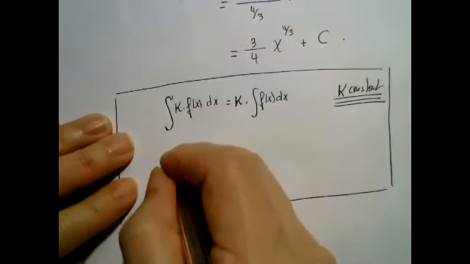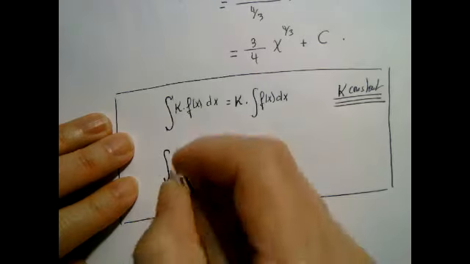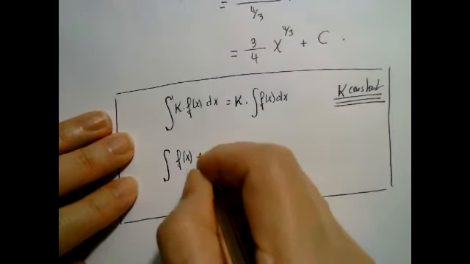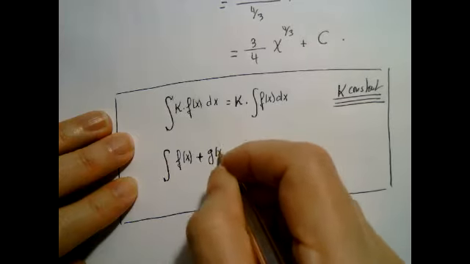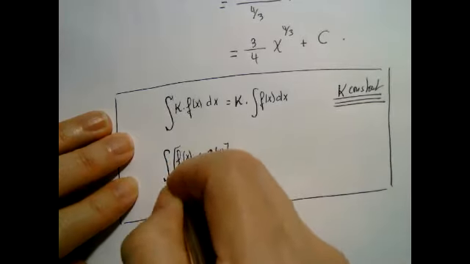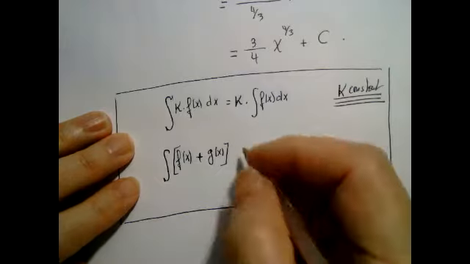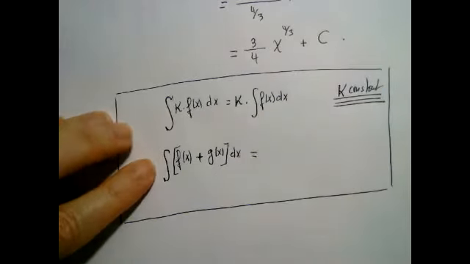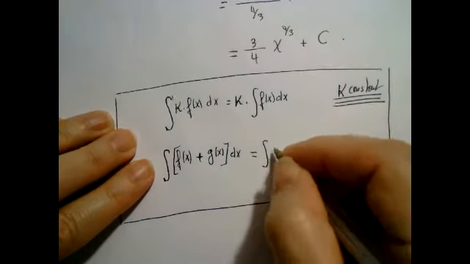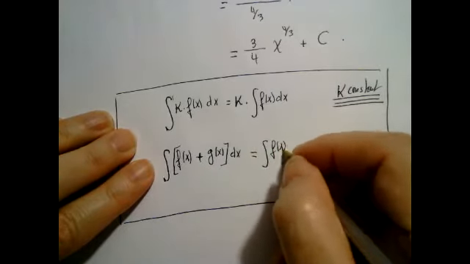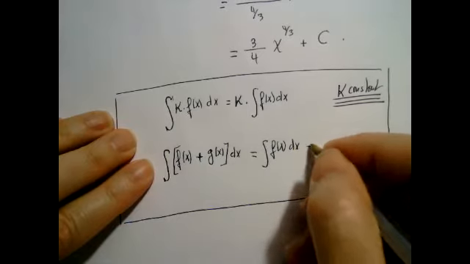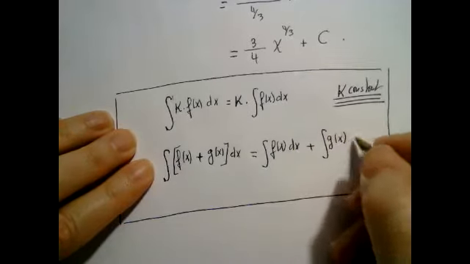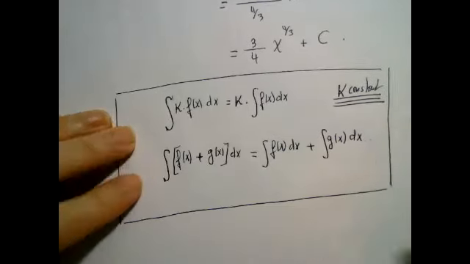And then the other property: you know the antiderivative of f, you know the antiderivative of g, you add them to create a new function. The antiderivative of the new function is the antiderivative of f plus the antiderivative of g.